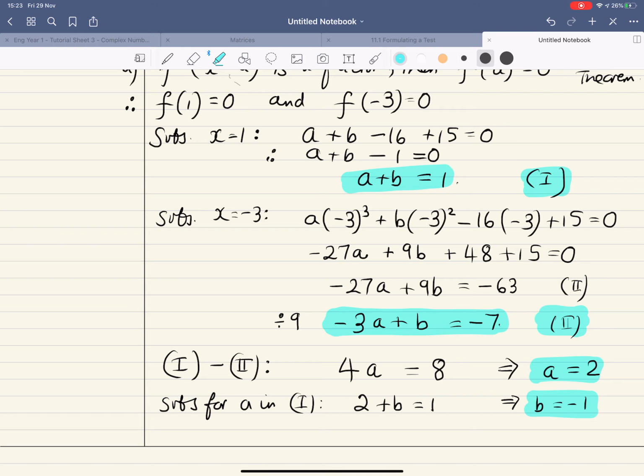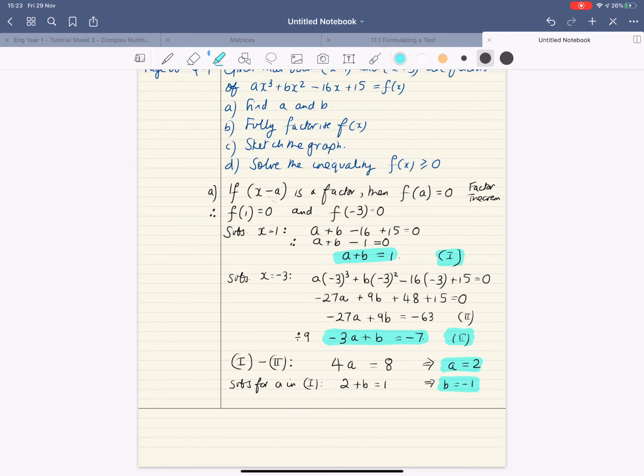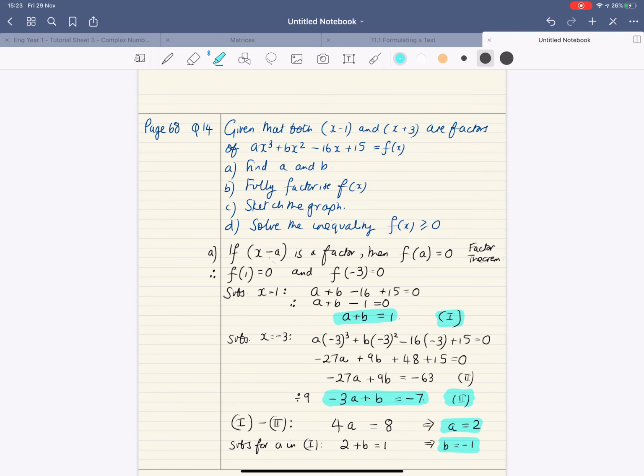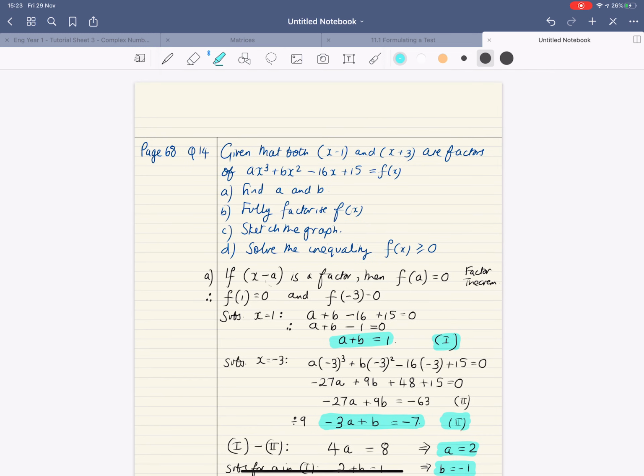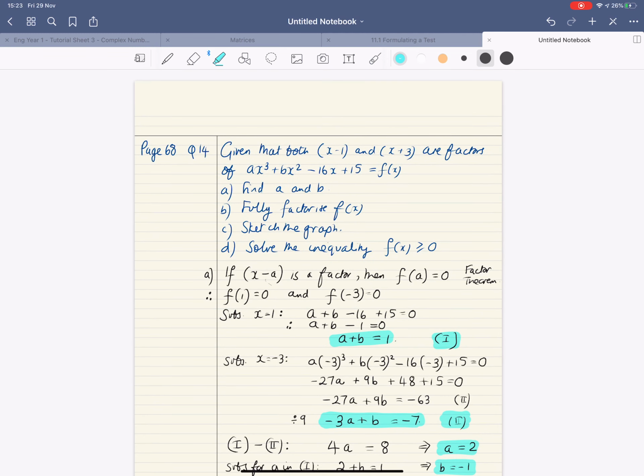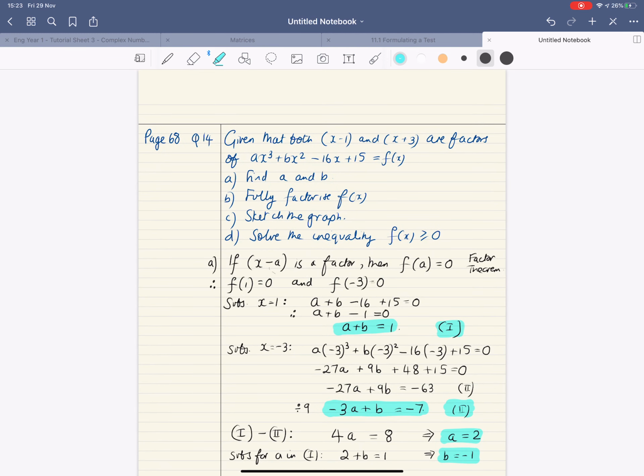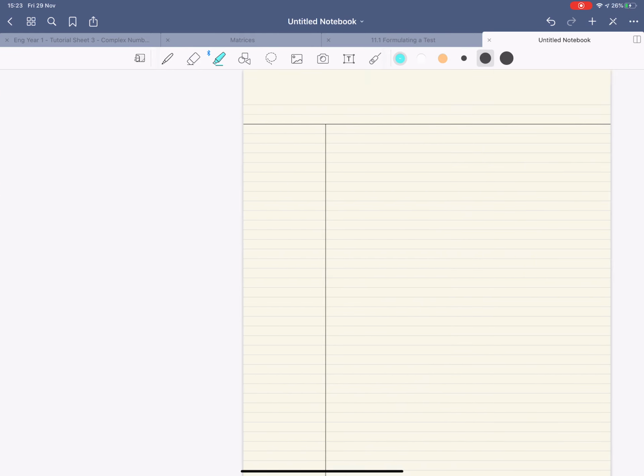And I'm going to go onto a new page now. So a is 2, b is minus 1. That's just part A, find a and b. I've done that. And now I've got to fully factorise, sketch the graph and solve the inequality. Right, next page.